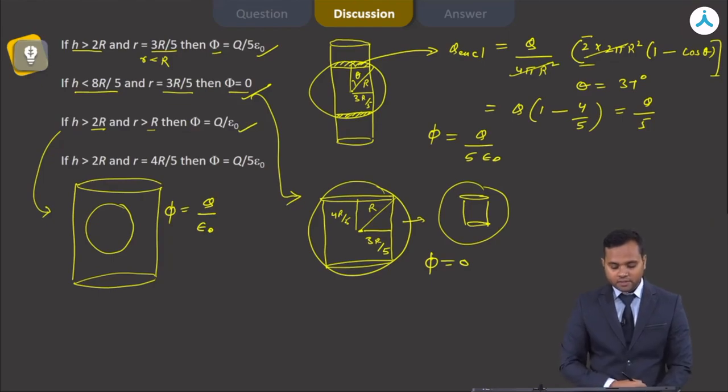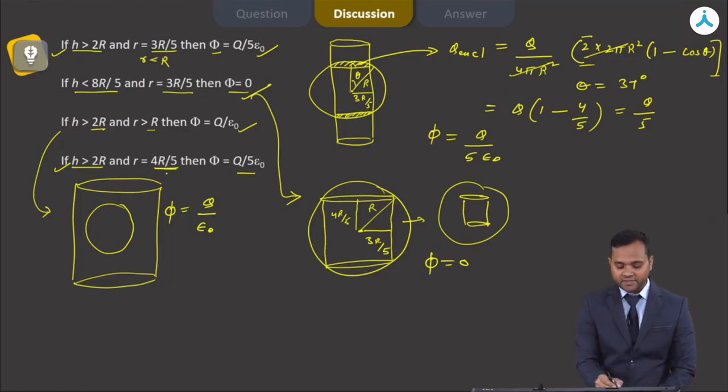Now if you see, the last option says h is greater than 2R and r is equal to 4R by 5, then phi is equal to q by 5 epsilon naught. If you compare this option with the first option, height is greater than 2R for both cases, but here the radius is equal to 4R by 5, which is greater than 3R by 5.